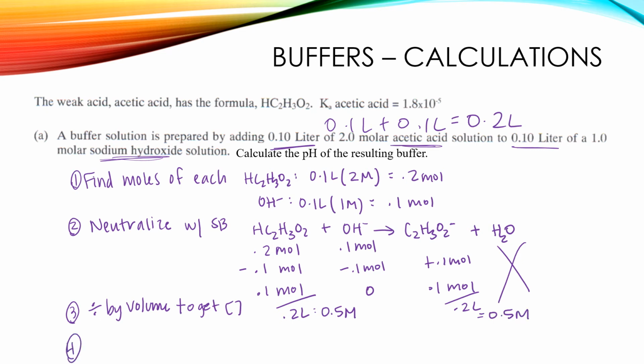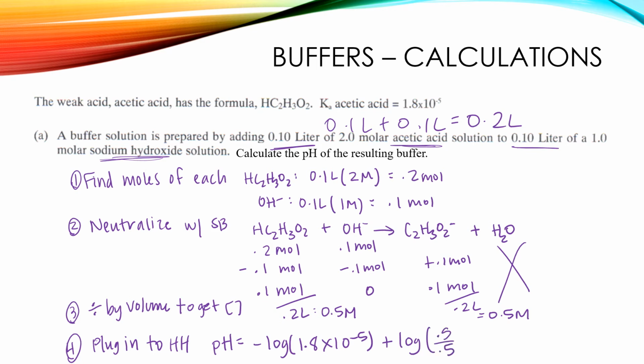So finally, my last step, I'm going to plug into my Henderson-Hasselbalch equation. pH is equal to the pKa, the negative log of 1.8 times 10 to the negative 5, plus the log of 0.5 over 0.5. You can plug this in your calculator, but you can see that the pH is going to equal the pKa. Like you could plug in log of 0.5 over 0.5, you're going to get 0.